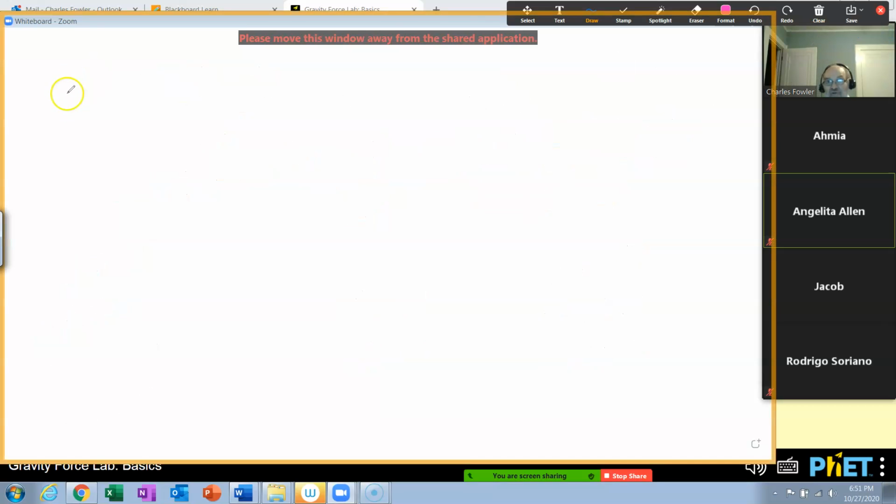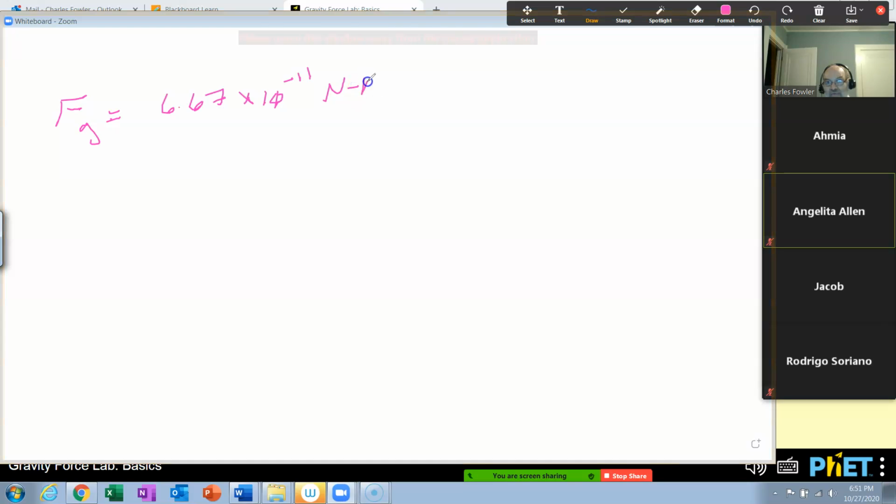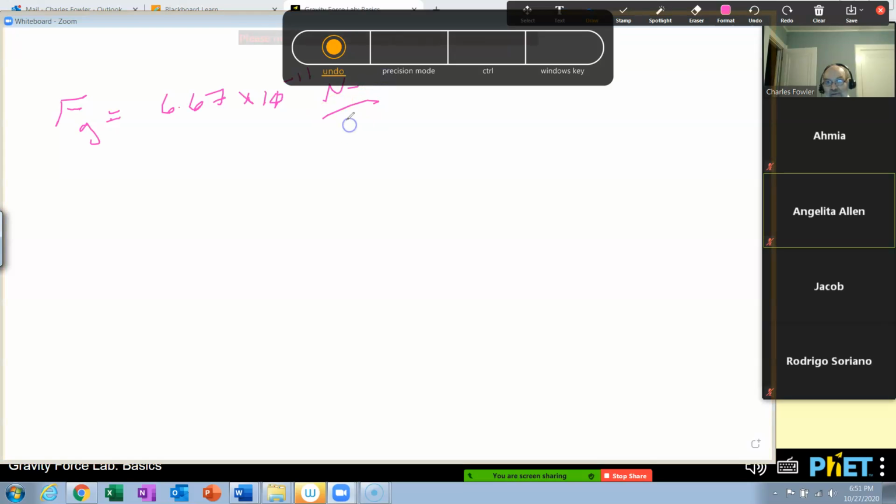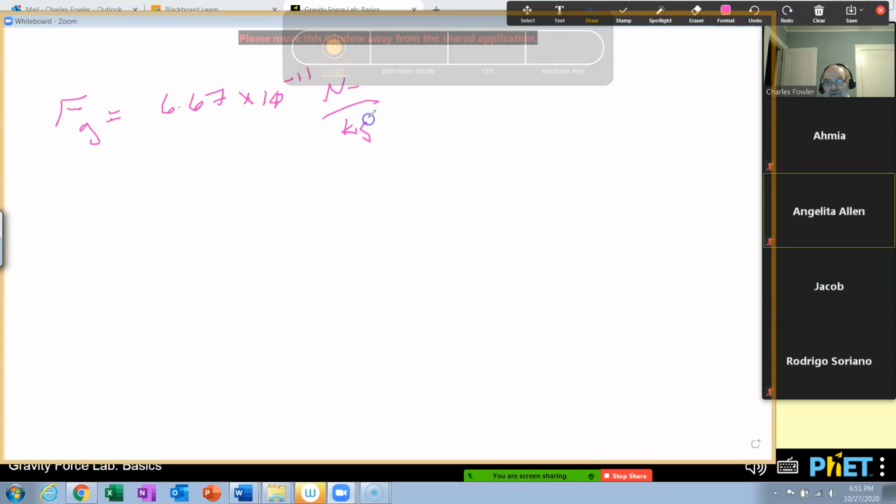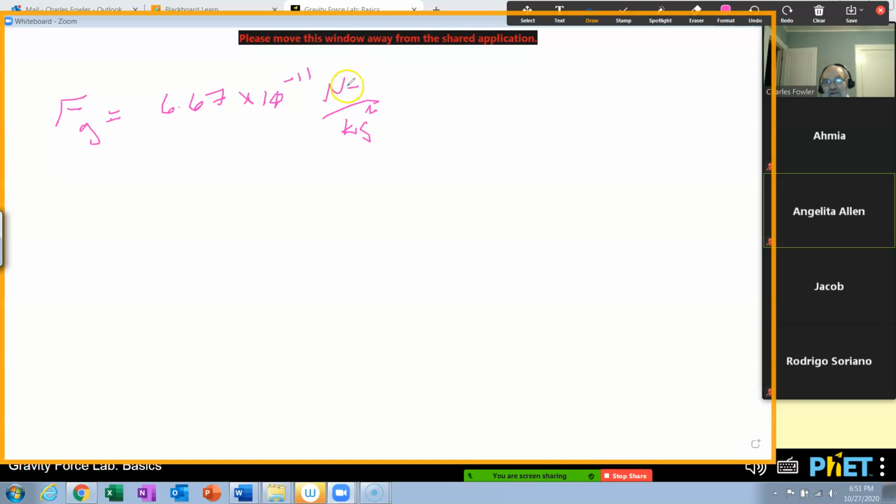Okay, so what we have now is the force due to gravity is equal to, I'll leave off the formula because we know what it is, 6.67 times 10 to the minus 11 newton meter squared per kilogram squared, if I could write. And for some reason this thing just erased most of what I put down.